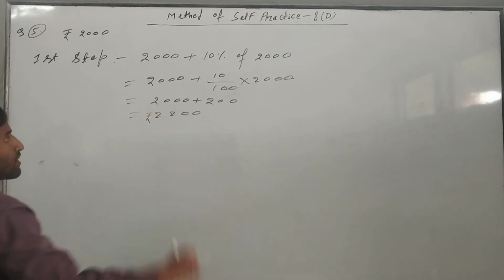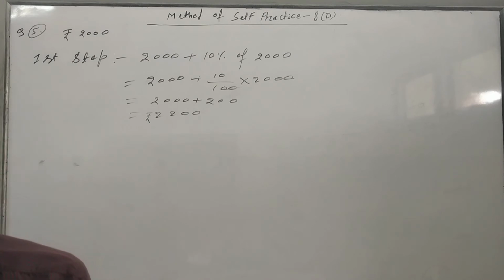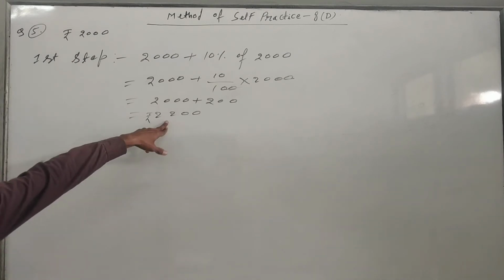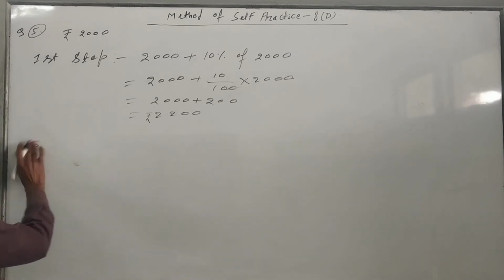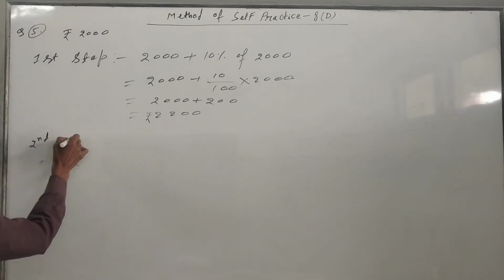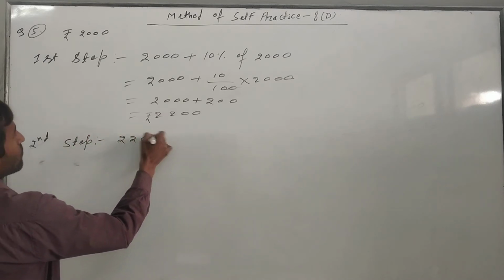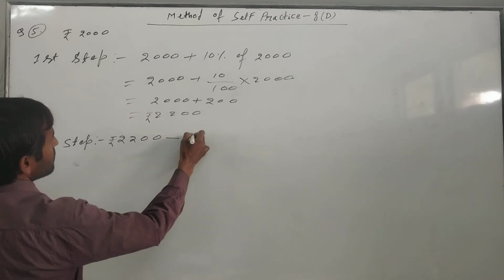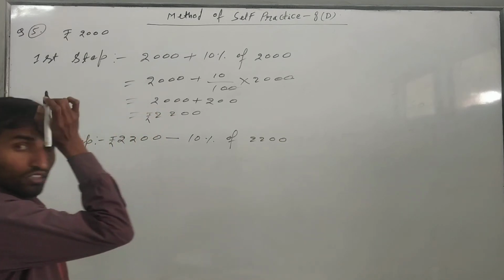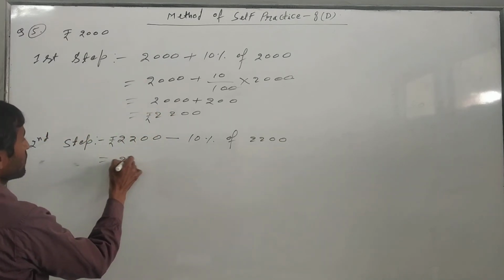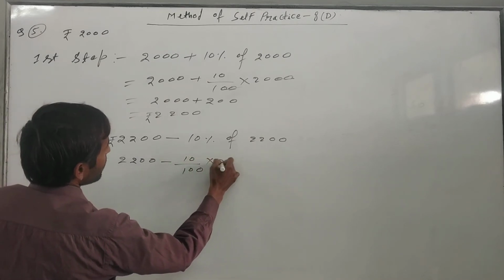So rupees 2200. Now the question is saying we have to decrease the new amount by 10%. This one is the new amount. Now in the second step we will decrease here: 2200 rupees minus 10% of 2200. So 2200 minus 10 upon 100 into 2200.